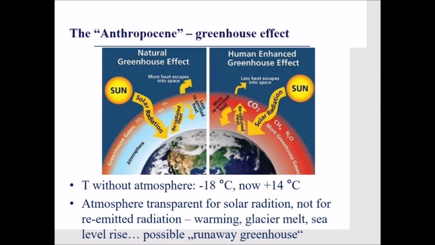So a vicious circle leading to a so-called runaway greenhouse, which we saw in the history of this planet already, yeah, but which we should by all means avoid meeting again in our human history.